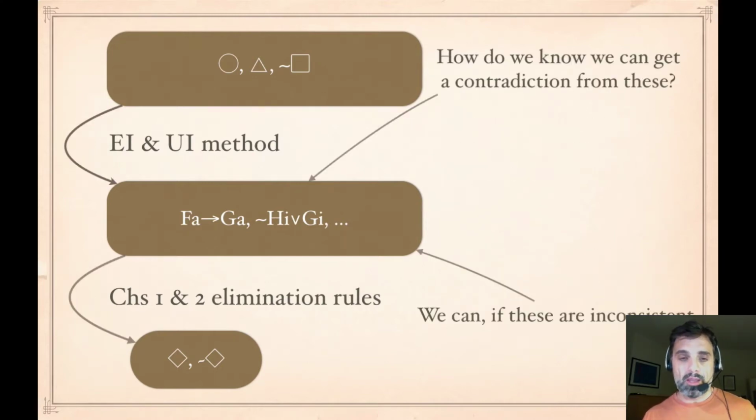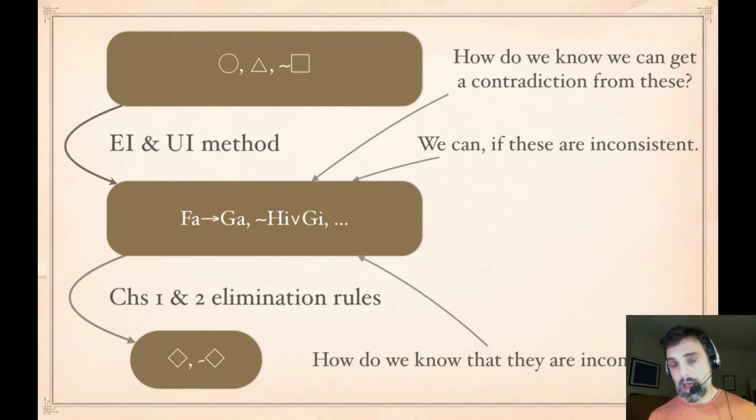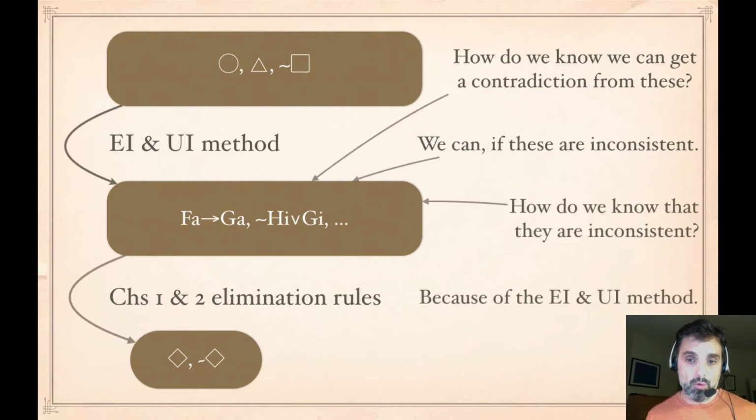Well, if the quantifier-free sentences are inconsistent, then we can, and that's just what we were already doing in Chapter 2. If it's not possible for all of the sentences in Group 2 to be true, then using our Chapter 1 and 2 rules, we can extract a contradiction. But how do we know that those sentences are inconsistent? Why is it that they cannot all be true? Well, the idea is that it's because of the EI-UI method.